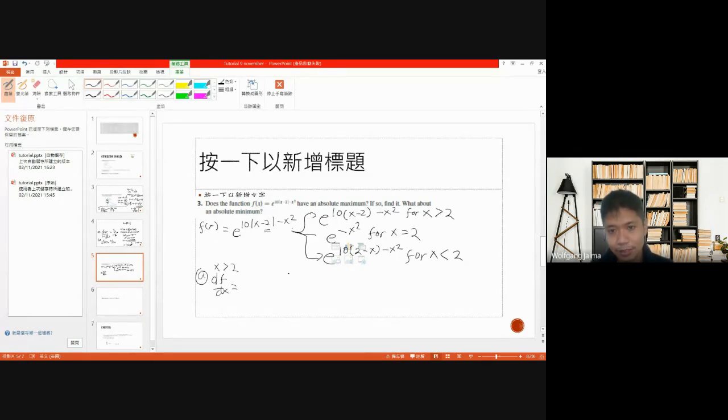Will be 10 minus 2x, to the e to the 10x minus 2 minus x squared. So far so good, or did I make a mistake? No, right? So far so good, right?